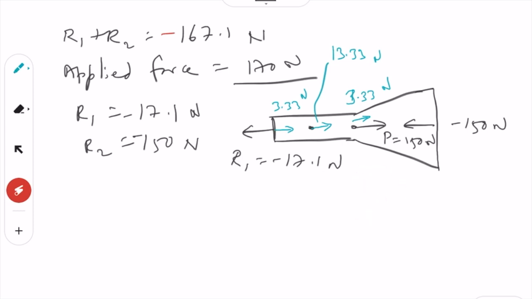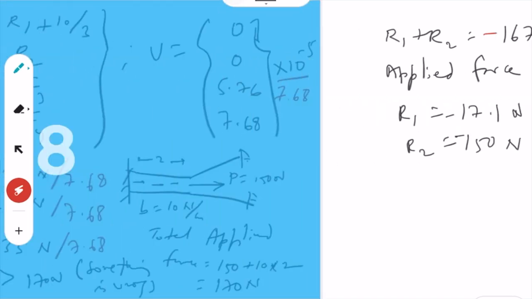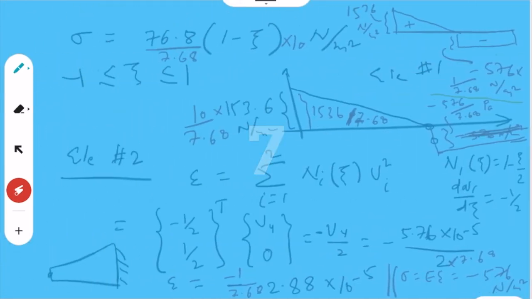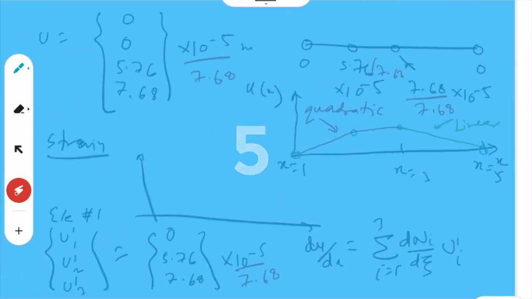Again there is some silly mistake we made, so we have to look at it. Most likely that happened because we scaled it, we just divided by 7.68. However, we cannot scale directly like this for one end. So let's go back to where we calculated.